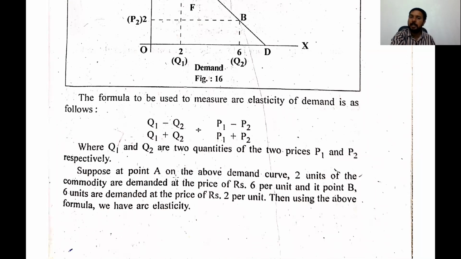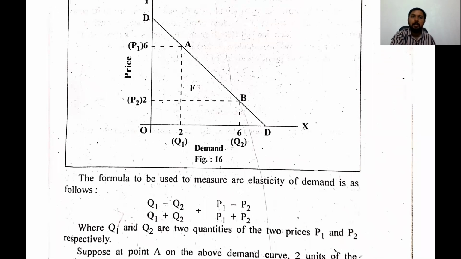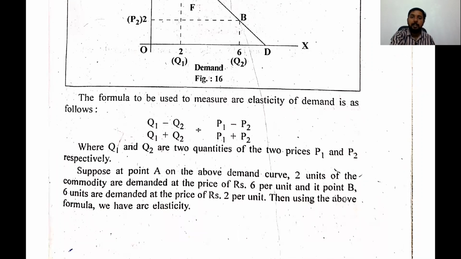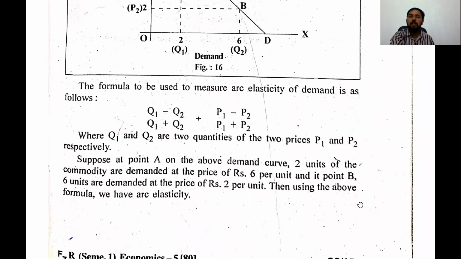Suppose at point A on the above demand curve, 2 units of the commodity are demanded at the price of 6. So at the price of 6, 2 units of quantity are demanded, and at price 2, 6 units are demanded. And at point B, 6 units are demanded at the price of rupees 2 per unit. Then using the above formula, we have arc elasticity.